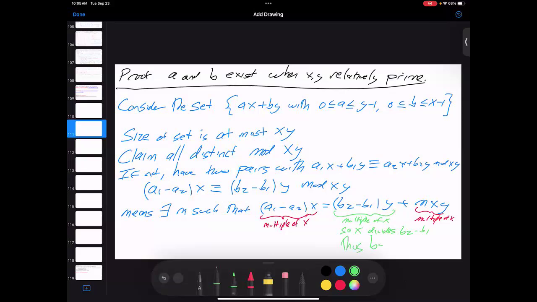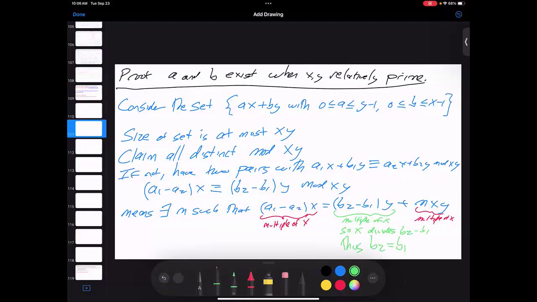Thus, b2 equals b1. So the only way I'm going to get a multiple of x is if b2 equals b1. If you're not comfortable with this, please let me know. And we've gone through and we said, let's assume that they're not all distinct. If they're not all distinct, then we get b2 equals b1.